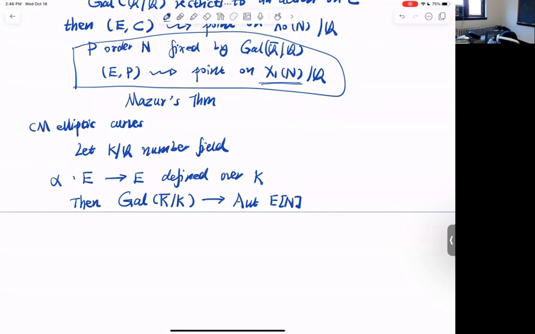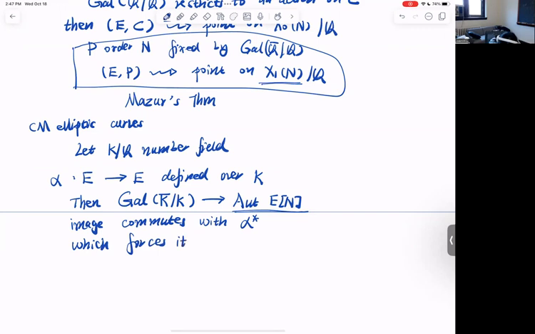But then this action commutes with the induced map of alpha on E[N], so the image of this homomorphism commutes with the image of alpha, which forces its image to be abelian.